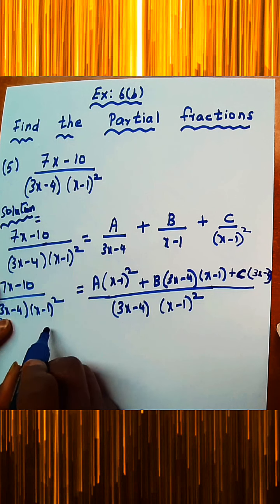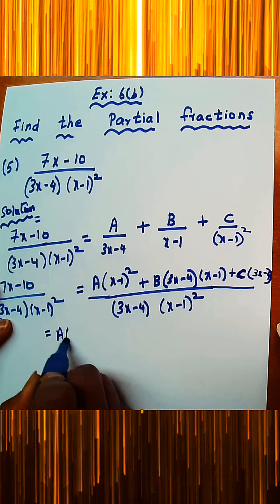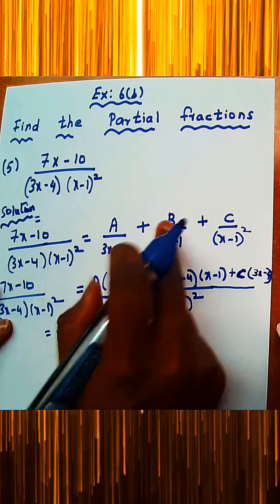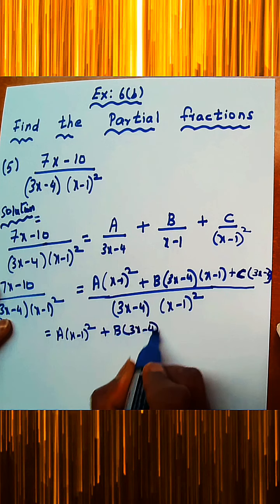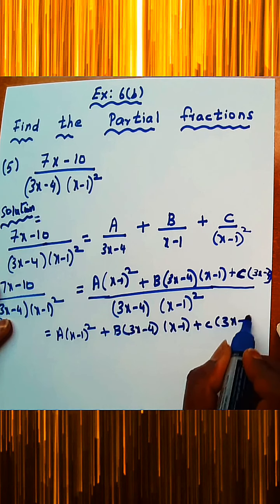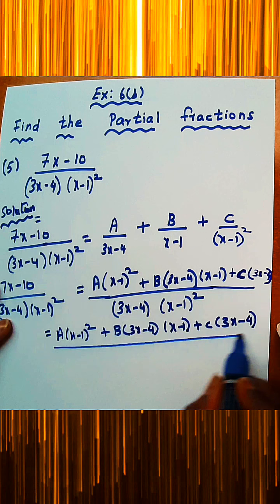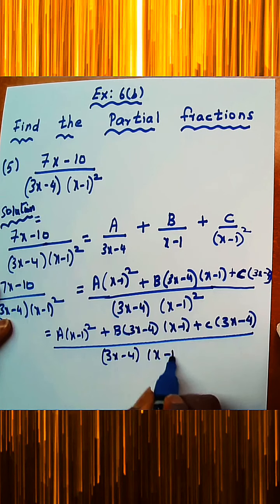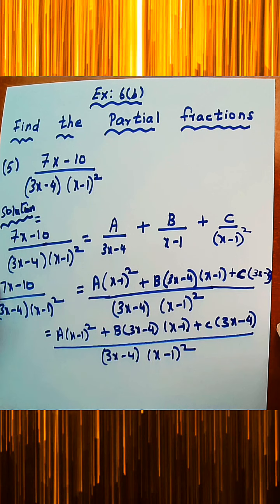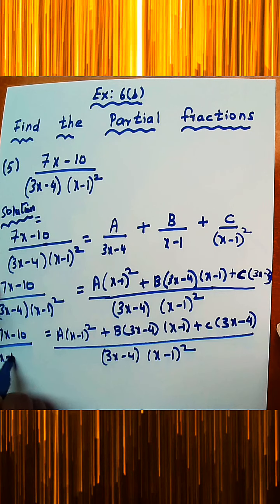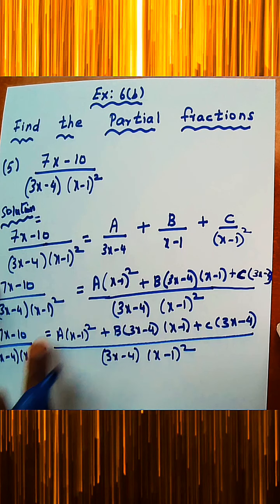Understood, students? So I'll rewrite this: a into (x minus 1) the whole square plus b times (3x minus 4) times (x minus 1) plus c times (3x minus 4), the whole term divided by (3x minus 4) times (x minus 1) the whole square. In the left hand side what you have is (7x minus 10) divided by (3x minus 4) times (x minus 1) the whole square.